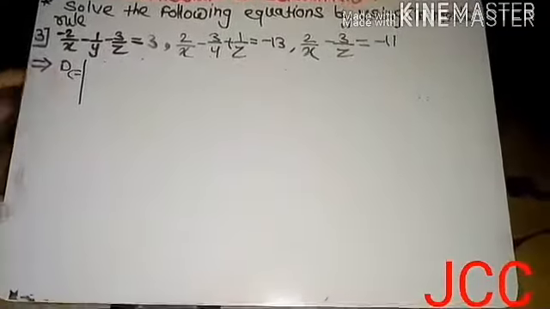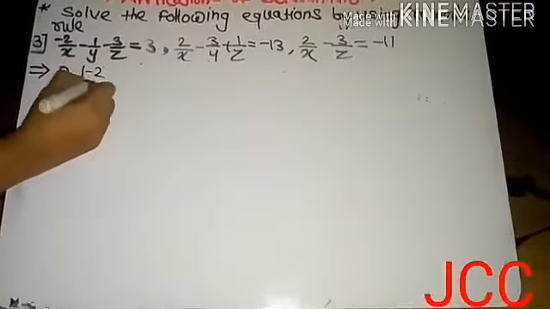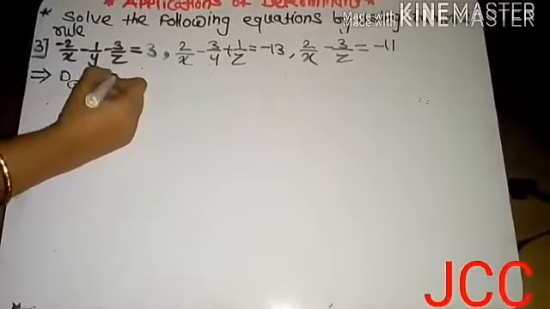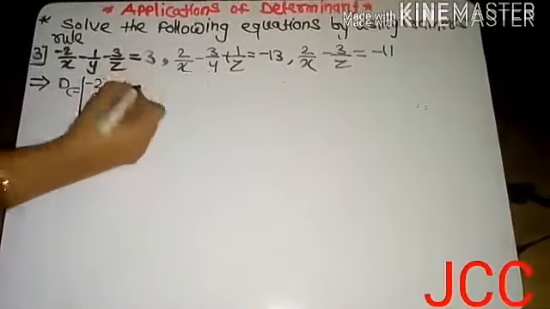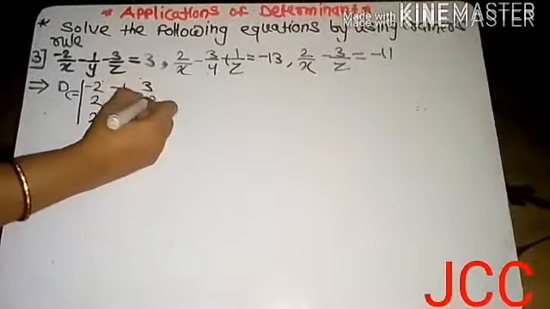To solve dc, first column is as it is minus 2, 2, 2, second is minus 1, minus 3 and 0, and in place of the third column we write right side elements 3, minus 13, minus 11.